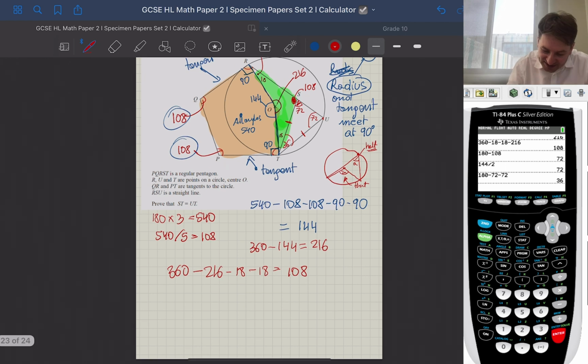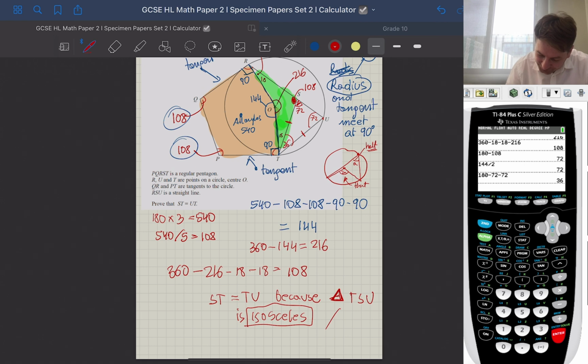ST equals TU because triangle TSU is isosceles, and you can draw that triangle with 72, 72, 36 and how you calculated that.